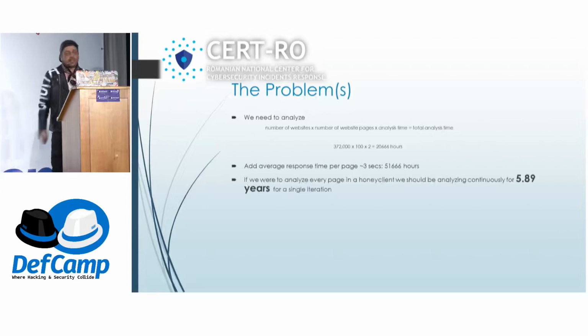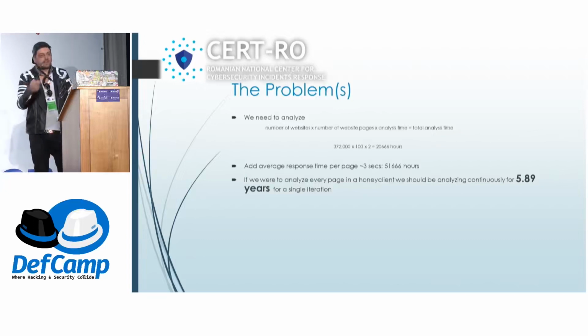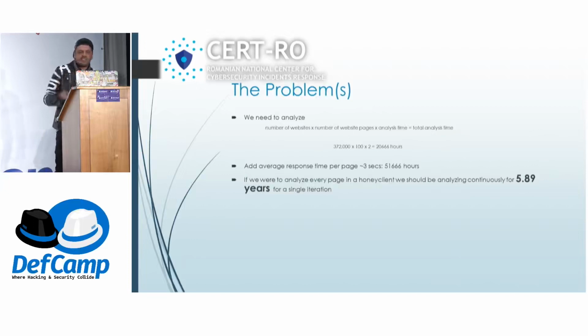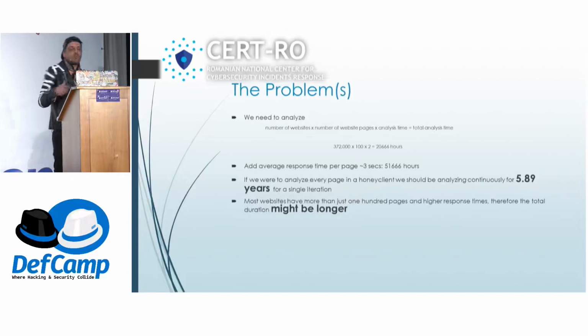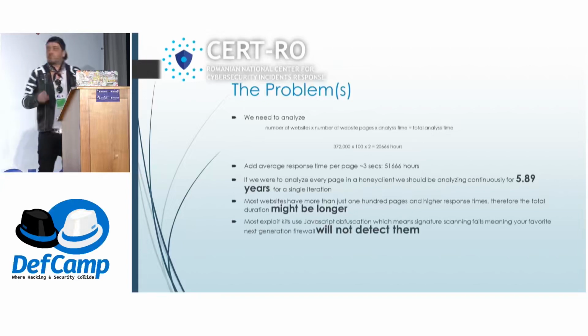If we were to analyze every page in a honey client, we would be analyzing continuously for almost 6 years. And most websites have more than just 100 pages, and most have higher response times. Therefore, the total duration of our analysis could take much longer than we expected.